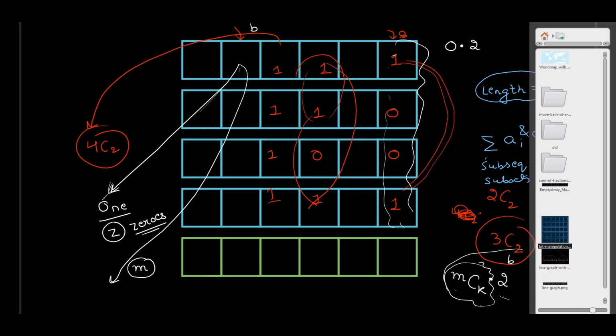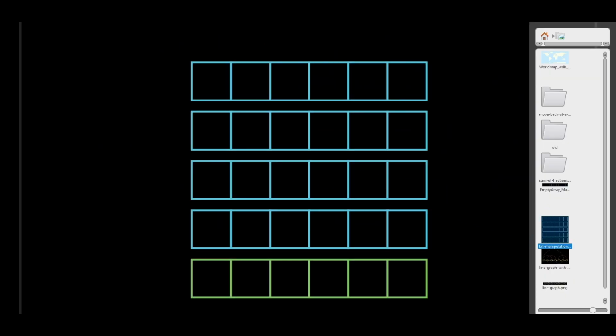And even if I ask you that you are given an array a1, a2, a3 up to an, and you have to compute the answer for all the k, where k is equal to 1, k is equal to 2, k is equal to 3, k is equal to 4, and so on.